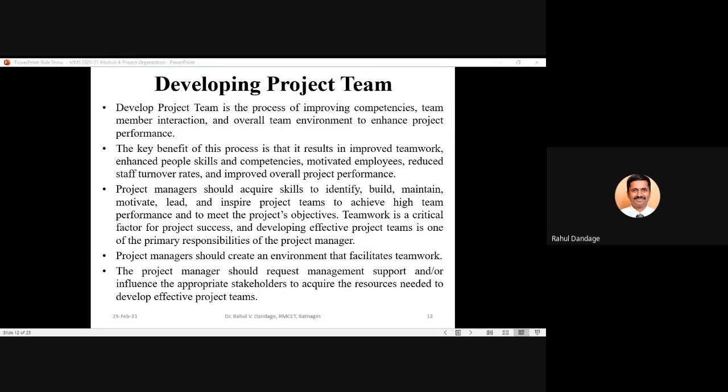That is very essential. Second benefit we get is enhancement in the people skills and competencies.